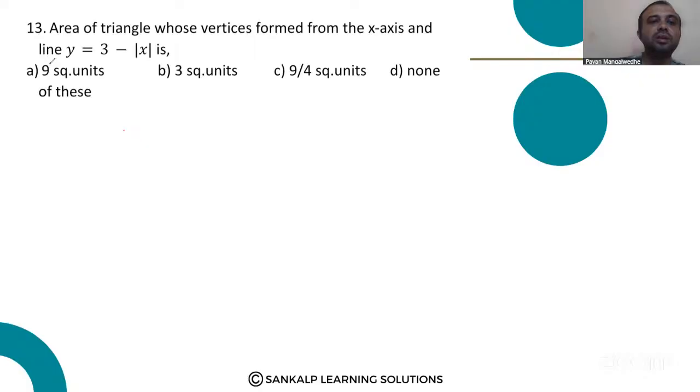Area of a triangle whose vertices are formed from the x-axis.